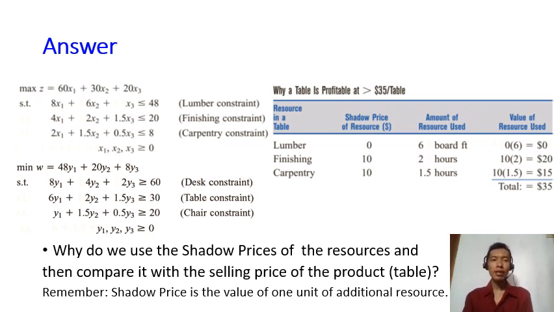Okay, that's the end of this video, in which we use the concept of duality to perform sensitivity analysis. Actually, I still have one question for you to think about. In this section, we only talk about changes 1, 4, and 5.